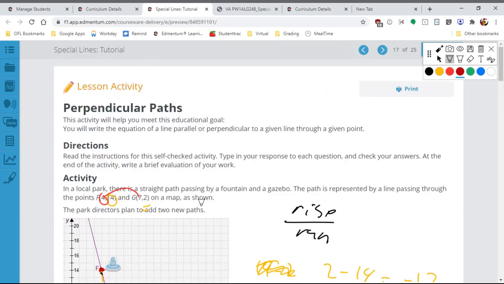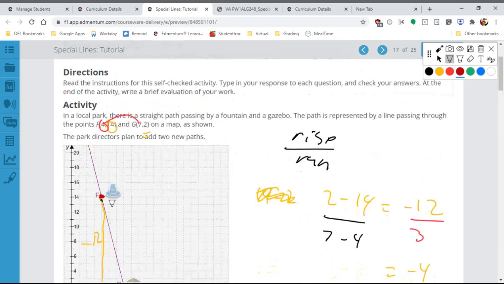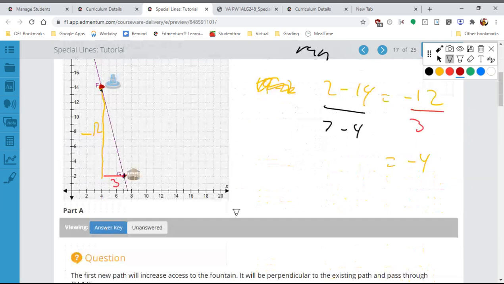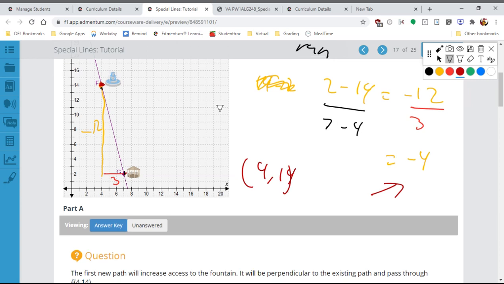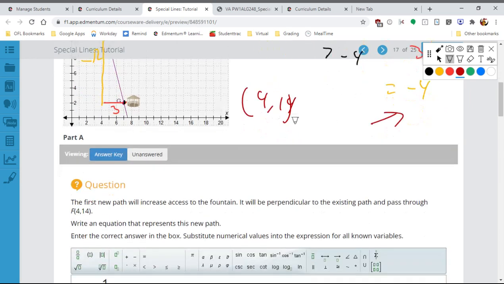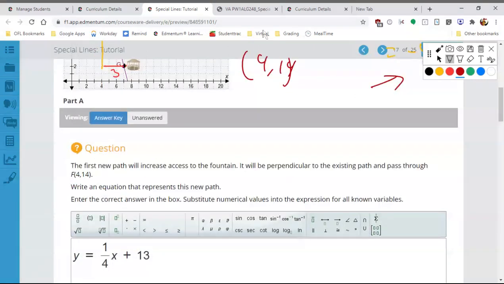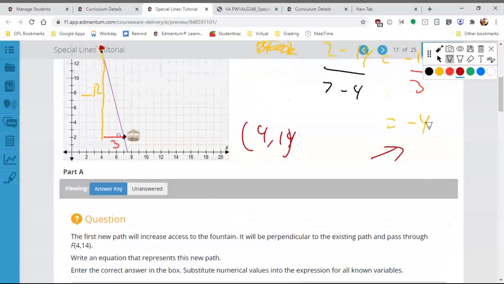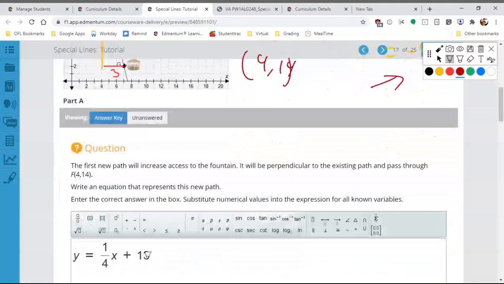So that means you want to include this, what was this? 4 comma 14. You want to include 4 comma 14, but you want the slope to be perpendicular to negative 4. So if you want this to be perpendicular to negative 4, all you're going to do here is flip that negative 4 over, and you get this 1/4.